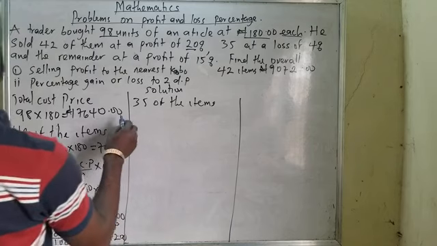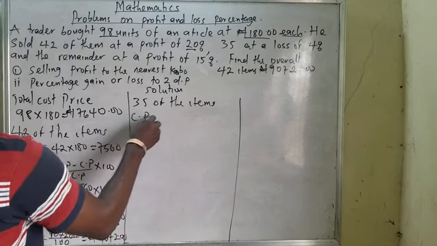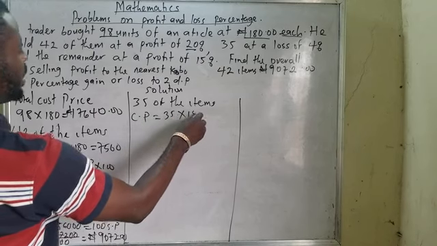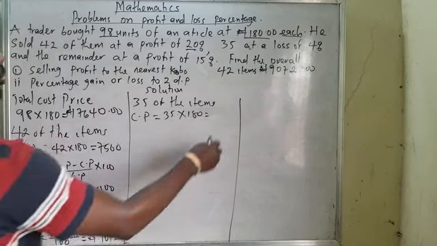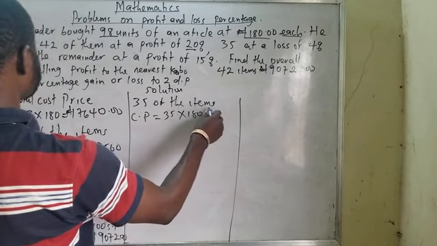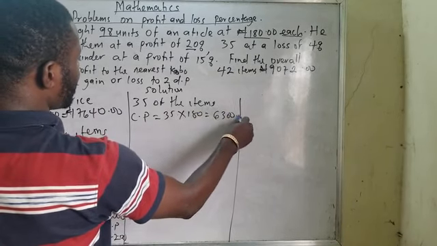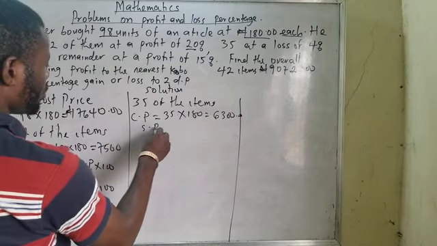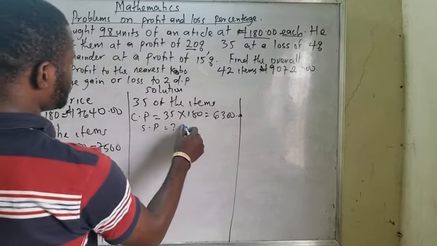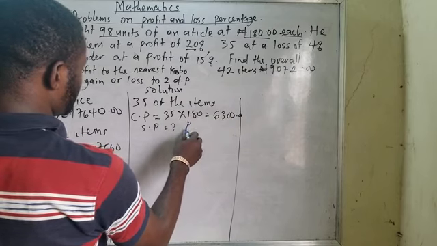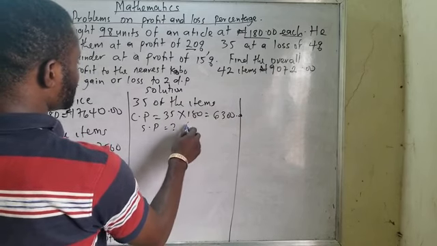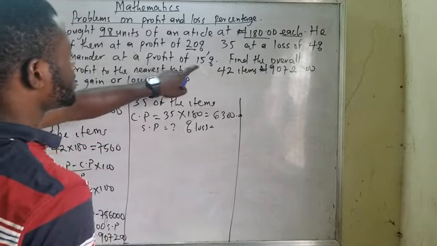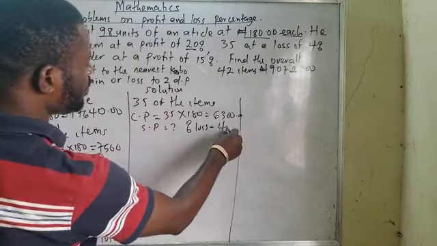It means my cost price will be equal to 35 multiplied by 180, which is equal to 6,300 naira. That is my cost price, and my selling price, I don't know it. My percentage loss will be equal to 4%.